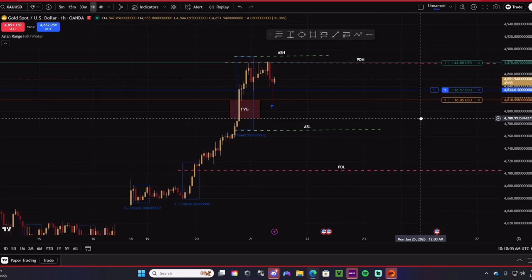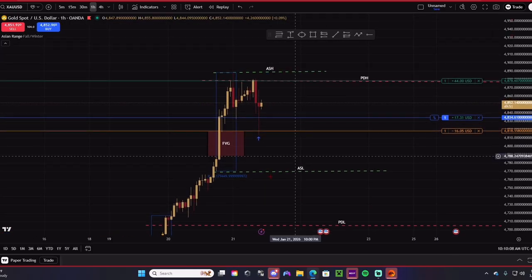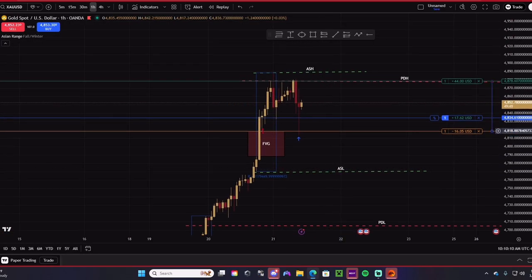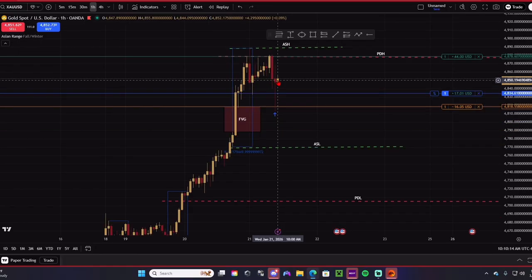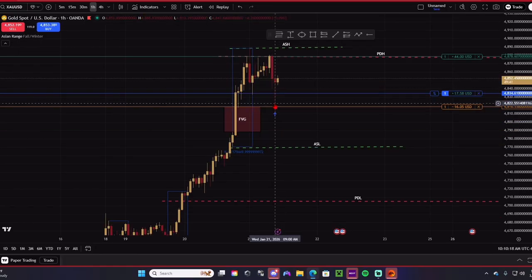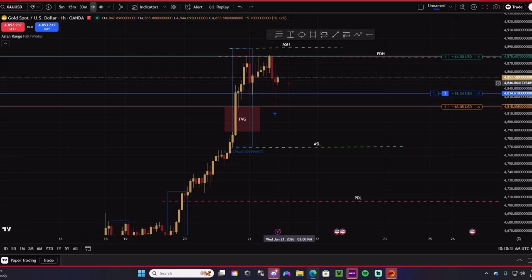There we go. So what happened was I noticed that there was a fair value gap in this trend line. What price did was it pushed all the way down here. And by the way, y'all, I was on the charts way before 9:30. So before 9:30 hit for real, price was creating this false breakout into this fair value gap.